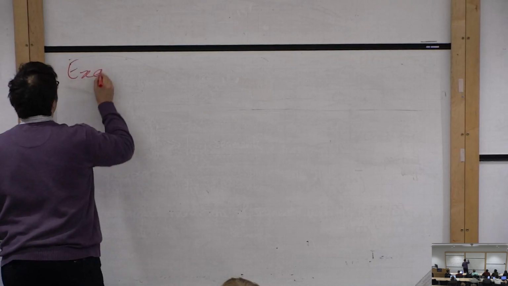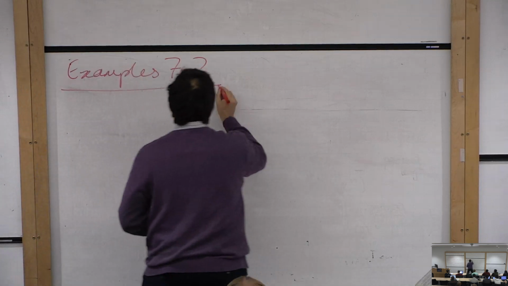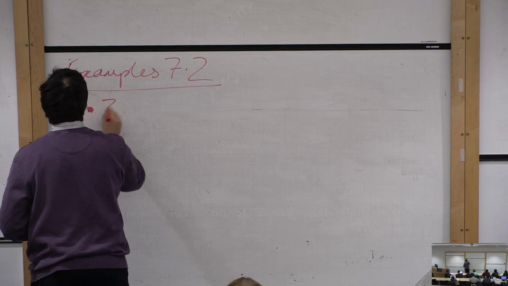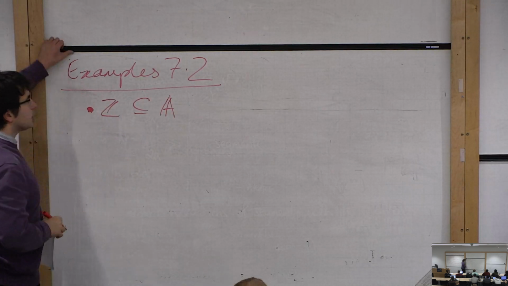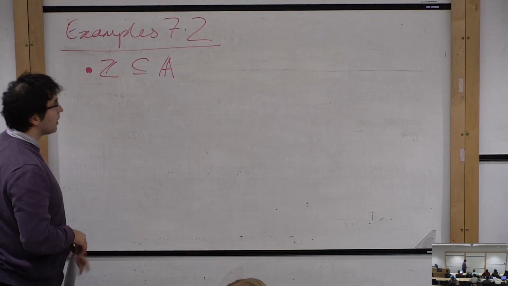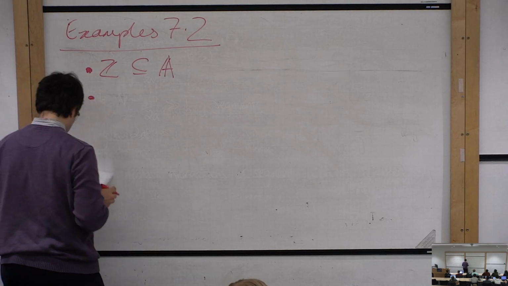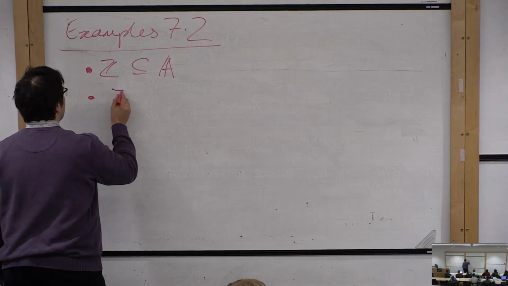Examples. Well, obviously, every integer is an algebraic integer, because every integer n is a solution of the monic polynomial equation x minus n equals 0. Roots of unity, right?